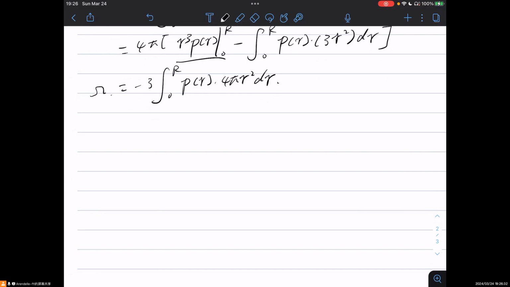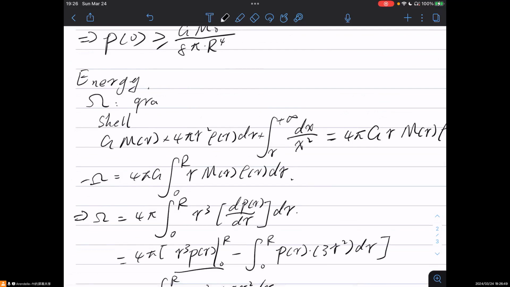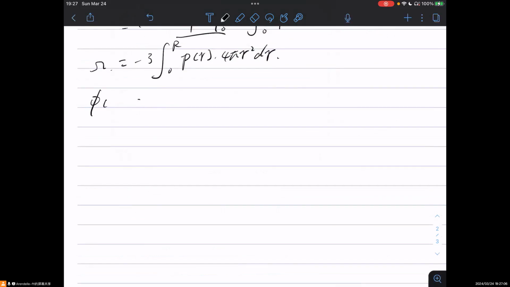We know the gravitational potential phi(r) equals minus G integrate from r to infinity m(x) dx over x squared.